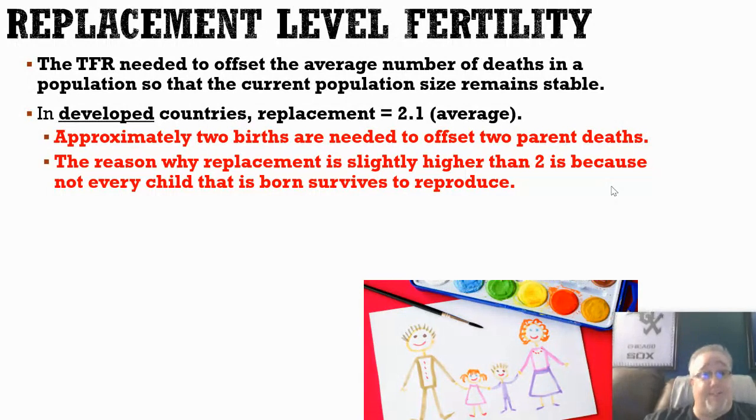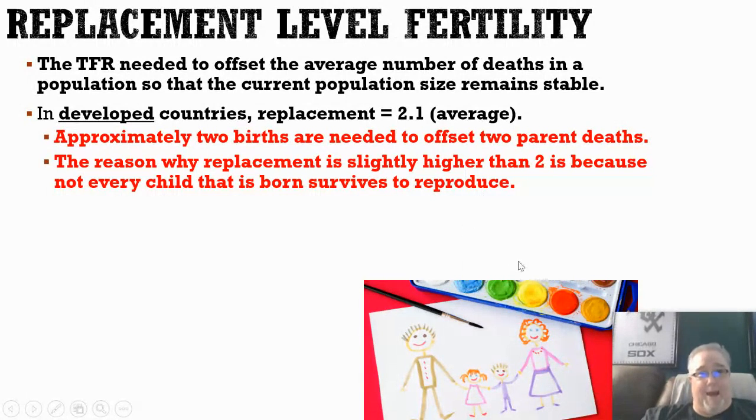Yeah, there's a chance of that. Now, in a developed country like the US, our children have a really good chance of living and reproducing one day. But that's where that point one comes in. So in a developed country like the US, our replacement level fertility is just a little bit above two, just barely.